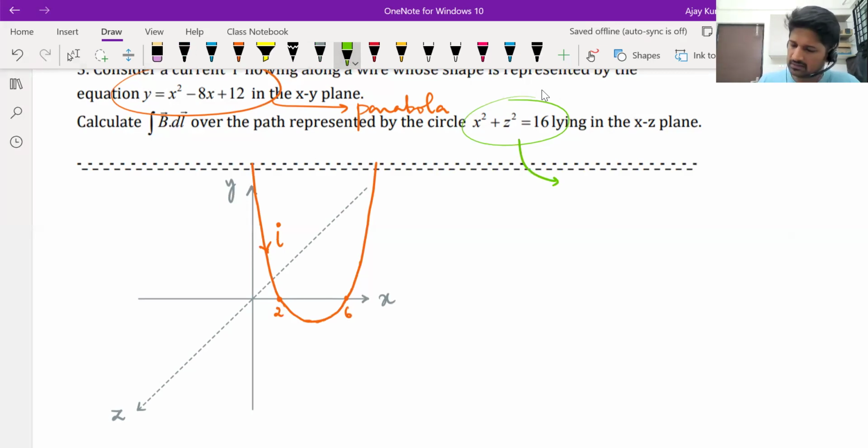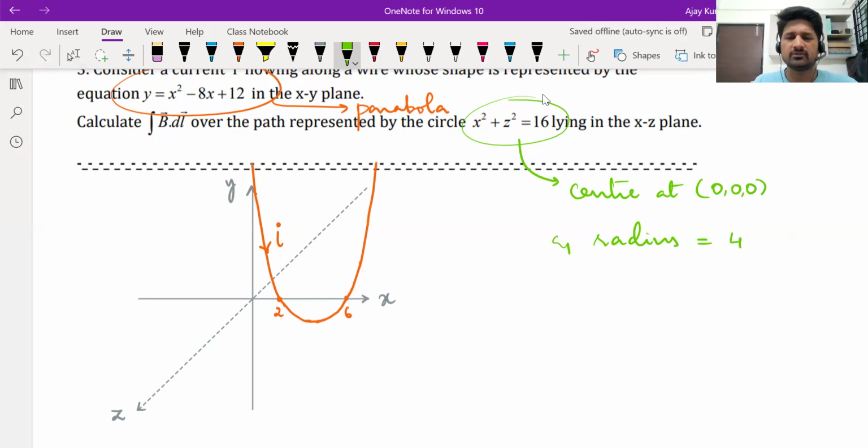So basically, this is a circle. Where is its center? x square plus z square is equal to 16. Center is at origin. You can write 0, 0, 0, and radius is 4 units. Usually x square plus y square is equal to r square, something like that. This is in the xz plane. Let's visualize that circle. Radius is 4 units. 4 units will be here.